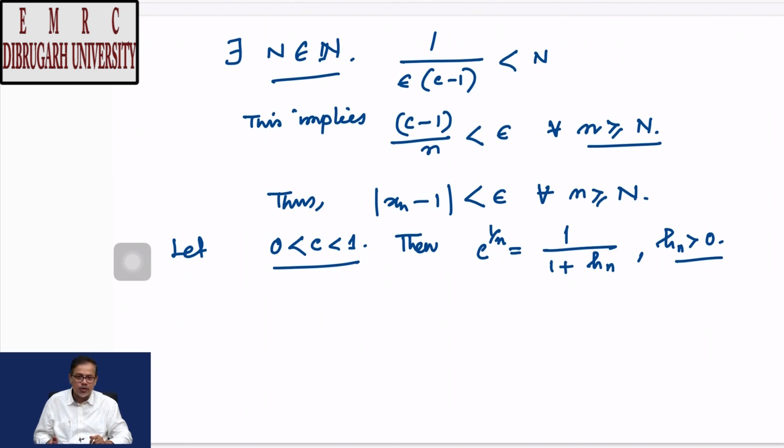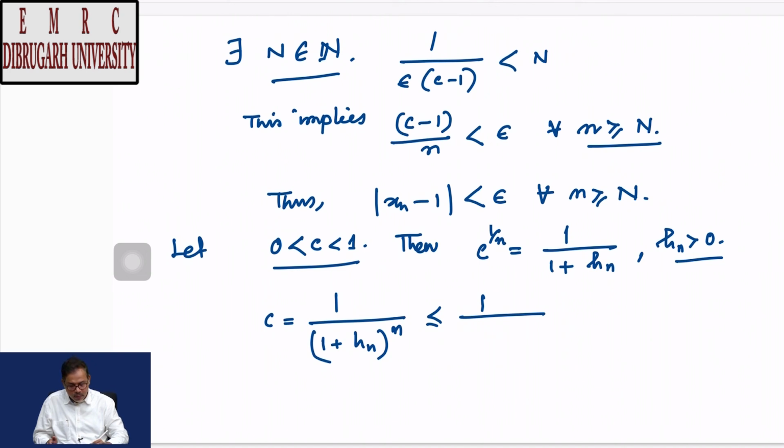Because c is lying between 0 and 1. Then c is equal to 1 by (1 plus hn) to the power n, and this is less than or equal to, again using the Bernoulli's inequality, 1 by (1 plus n into hn), and this is less than 1 by (n into hn).